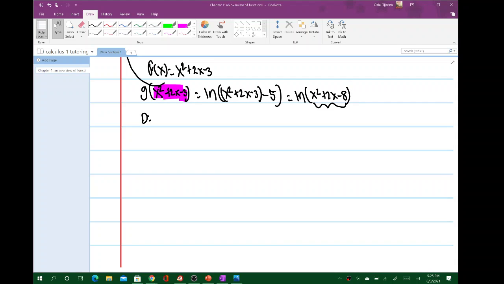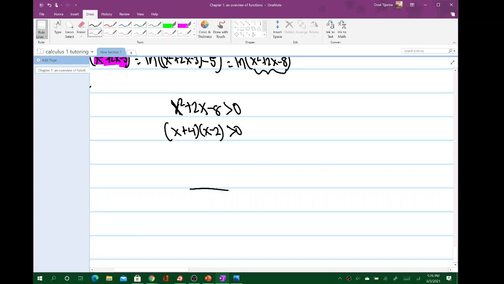And so we would say x squared plus 2x minus 8 is greater than 0, and we would factor this out, so this would be x plus 4 times x minus 2 is greater than 0.